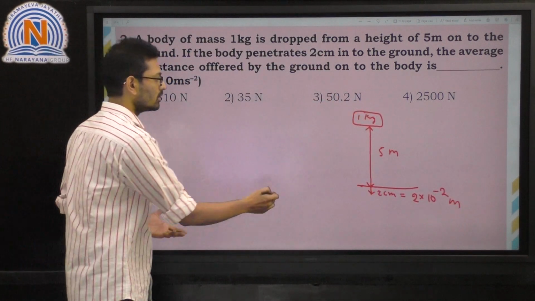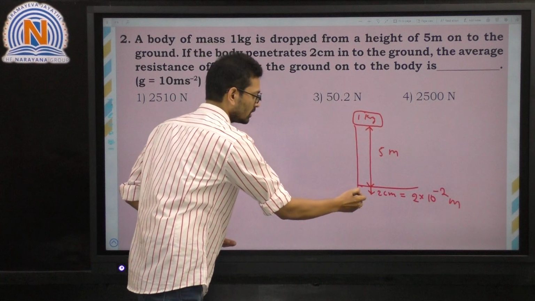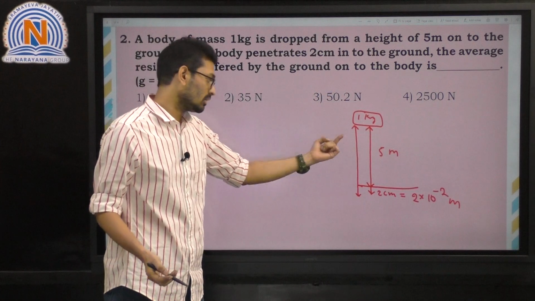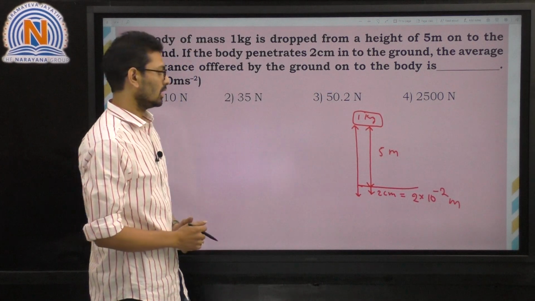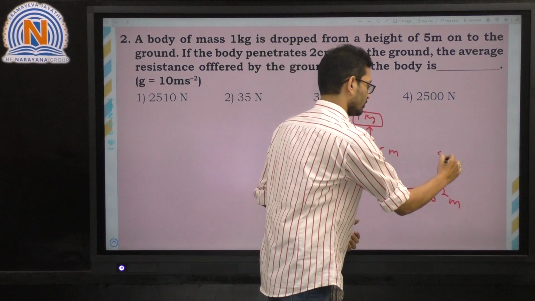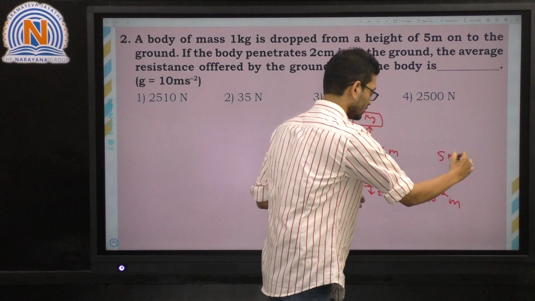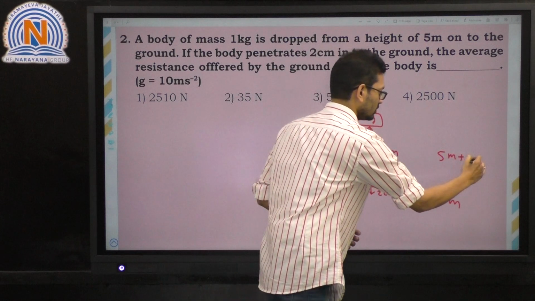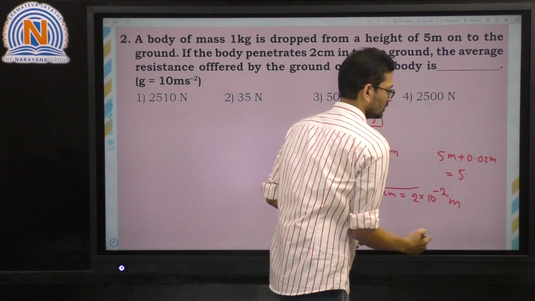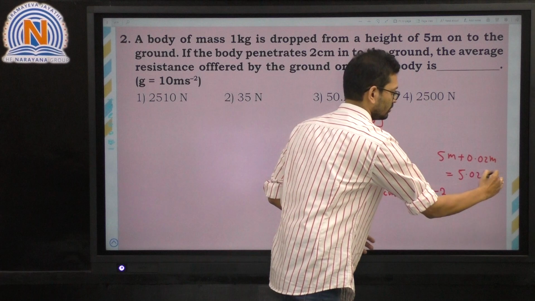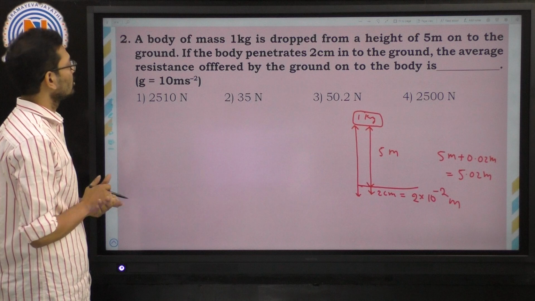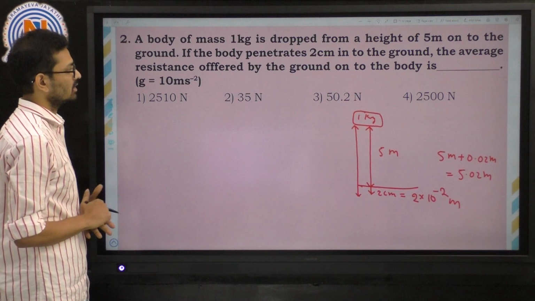So your total distance which this body has traveled is 5 meters plus 2 centimeters, which is 5 meters plus 0.02 meters, equal to 5.02 meters. Now you have the total distance it has traveled.